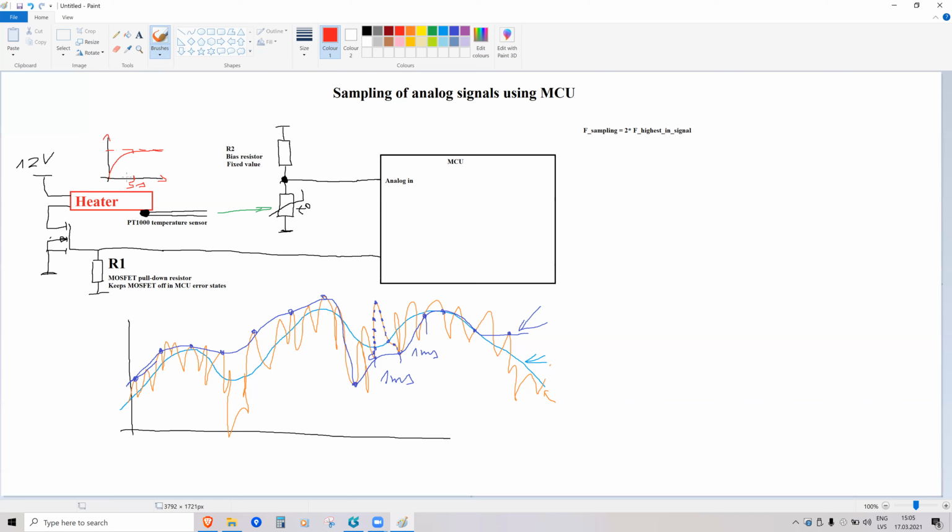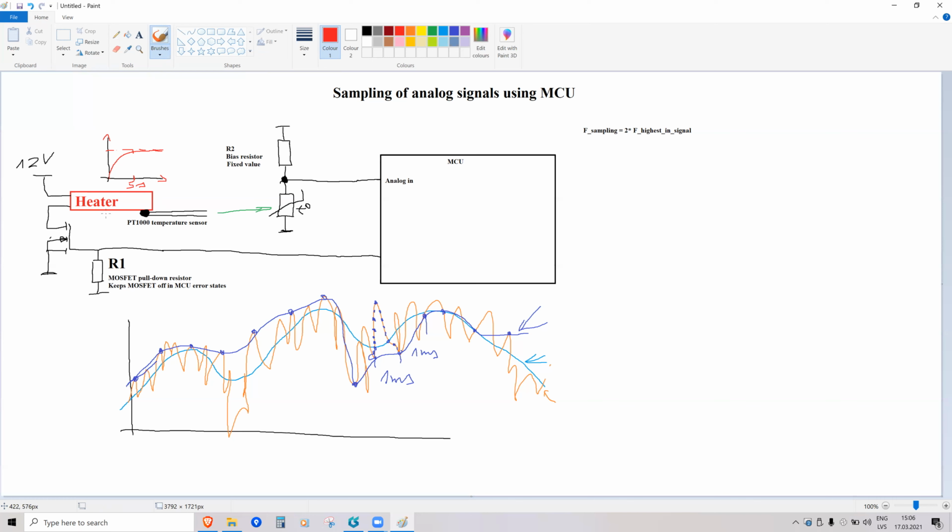So there's no reason to sample this temperature at 1 million points per second because the heater is so slow that the real signal is really slow. You can measure it something like 10 times per second and it will be already a lot of points for this line.